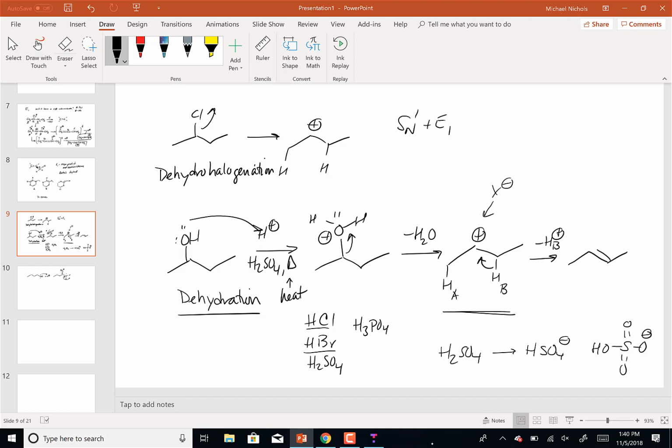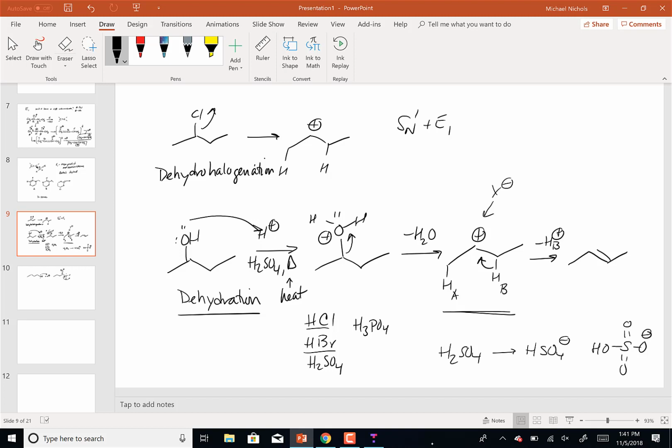So we have to choose our H plus source very carefully. Because I don't want to do substitution, I want to do elimination. So if I want to do elimination, H2SO4 and heat, H3PO4 and heat. If I want to do substitution, HCl, HBr, HI.